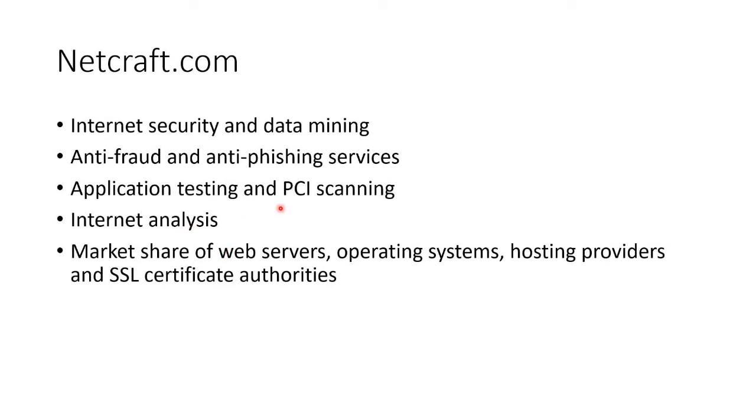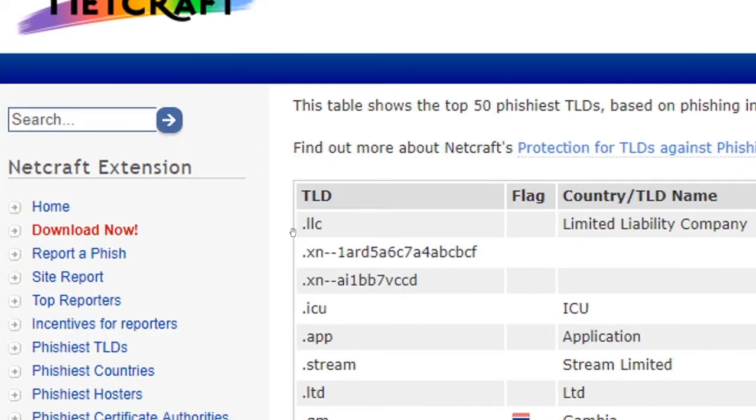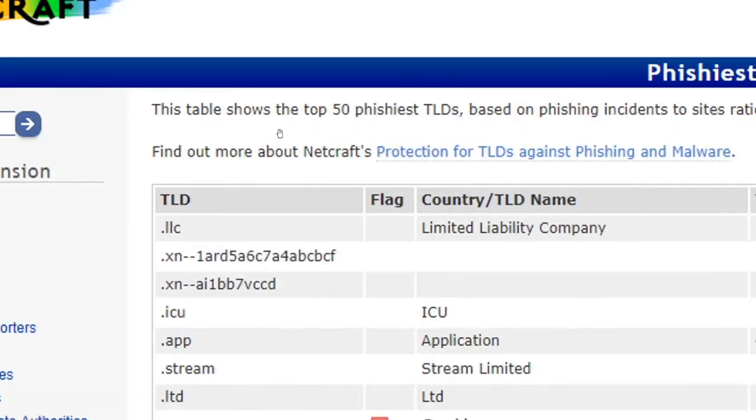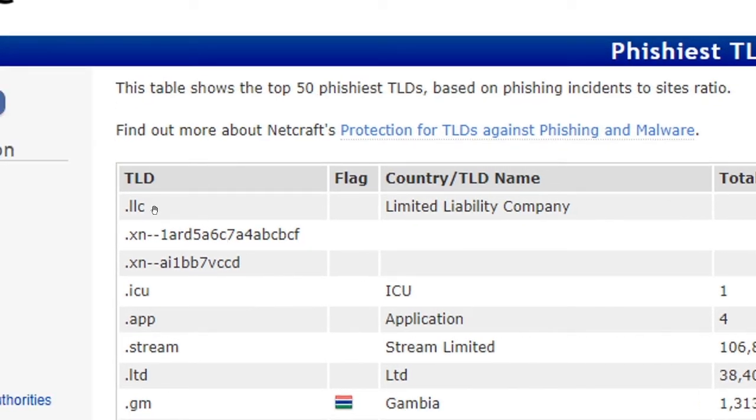They'll show the market share of web servers and operating systems and hosting providers and SSL certificate authorities as well. So here's an example of Netcraft. We can see the top 50 fishiest top-level domains based on phishing incidents to site ratio. .llc. There's a TLD called .llc. That's interesting.